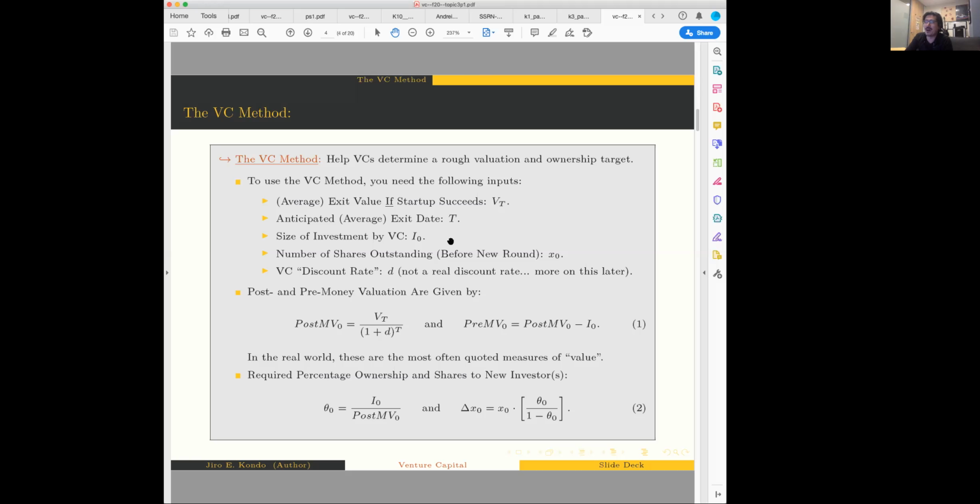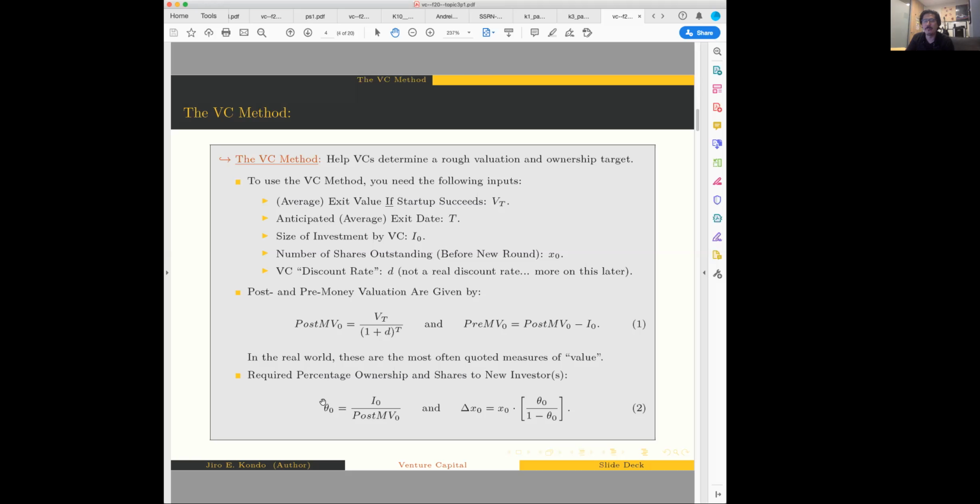Those were the inputs in our model, and the model itself gives us a formula or a sequence of formulas that allow us to get the post-money value of the company, right? What is it worth after the investment? And given that value, what percentage of the company the VC must be given in order to justify making the investment.